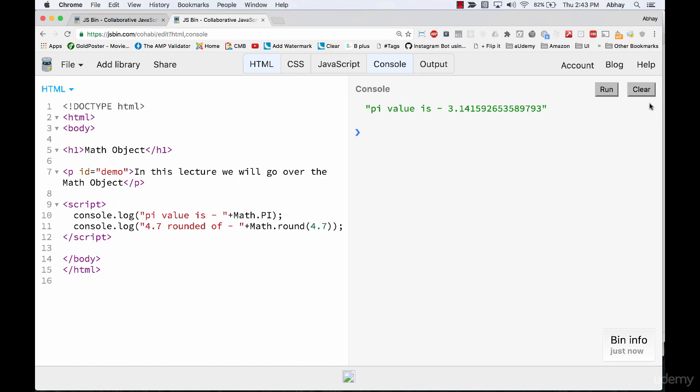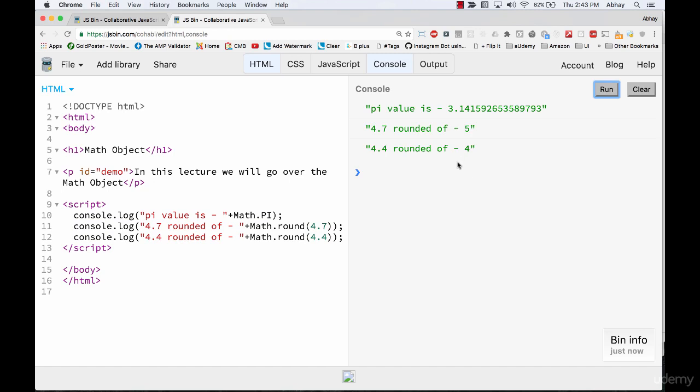Let's run this, and the answer would be 5 because it will round it off to the nearest integer. Now what if it were 4.4, for instance? Let's run it, and the answer would be 4 because it's less than 4.5.